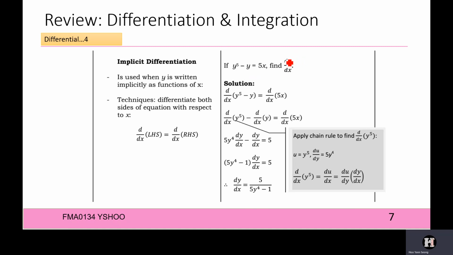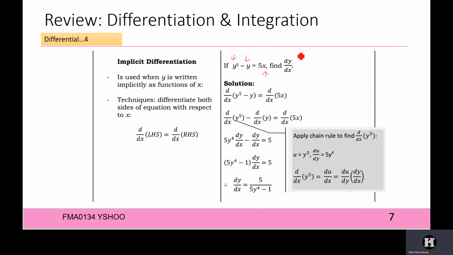When they are seeking dy/dx, you need to know who is your y and who is your x. After you identify that, then you can do the differentiation implicitly.